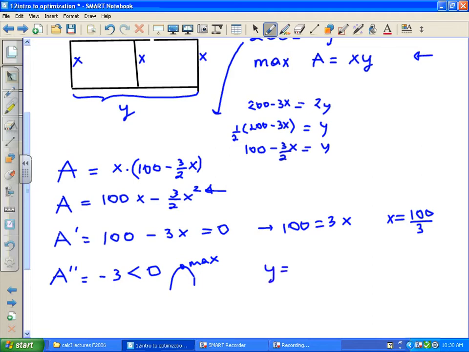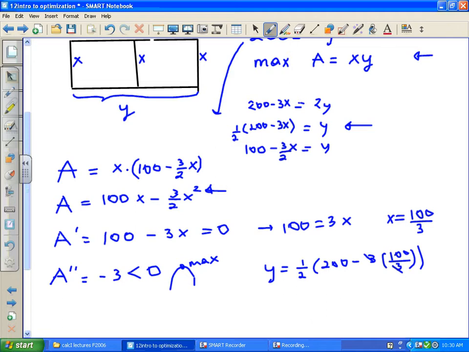y equals, I'm going to go with this equation, y equals 1/2 times 200 minus 3x. x is 100 over 3. The 3's cancel. I have 200 minus 100 inside the parentheses.